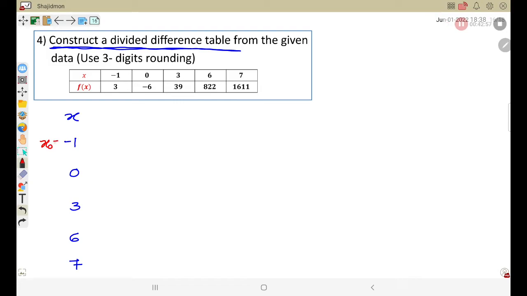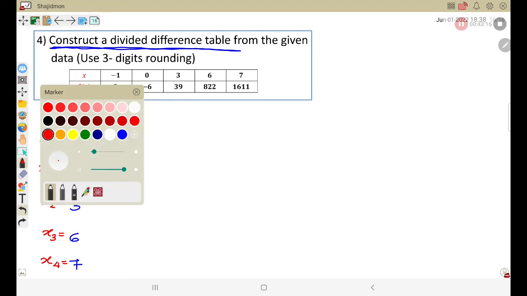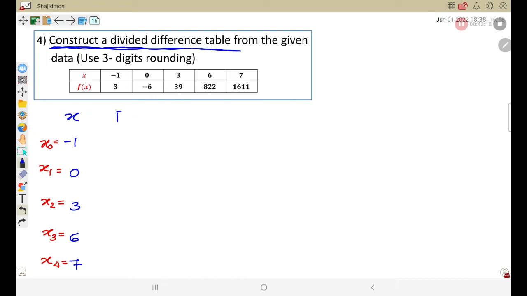We need some logic with these numbers. More numbers means, okay, don't get confused. x0, x1, x2, x3 and x4. Okay, now we are calculating f of x. It is given already, f of x.